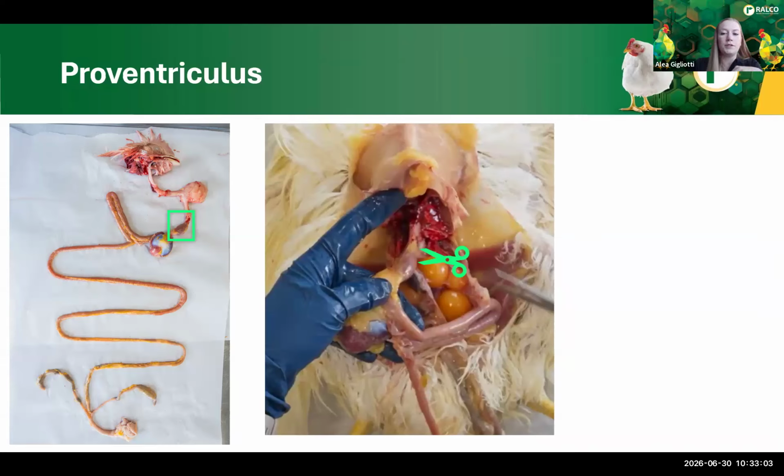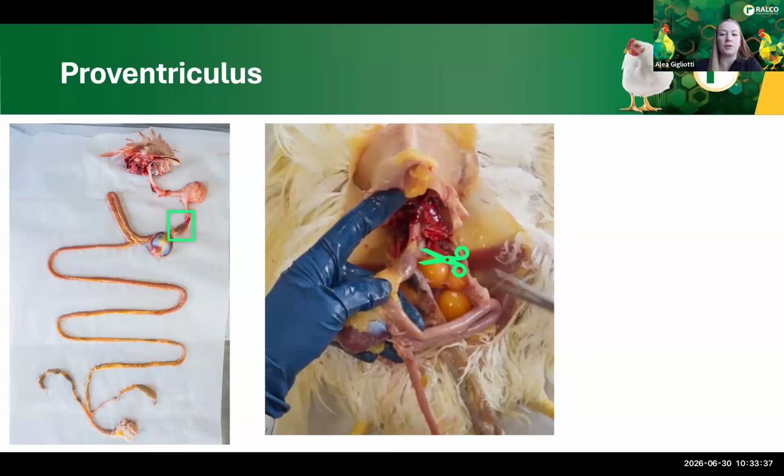And then, once you are past the crop, in order to expose and see the rest of that digestive tract and reproductive tract, you'll need to cut through another membrane and the fat pad if it is present. So looking at the proventriculus, depending on whether or not you're going to cut through the breast to actually expose the crop, the proventriculus is pretty easy to spot.